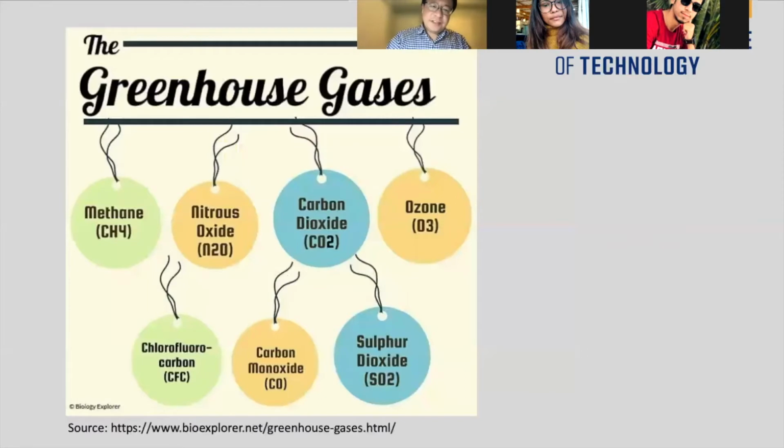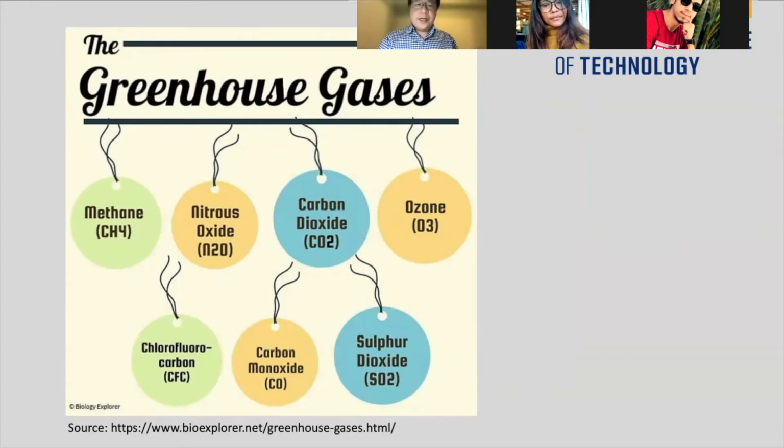As in the previous slide, carbon dioxide is not the only greenhouse gas; there are others. So in the industry, we have a standardized method to obtain this number.